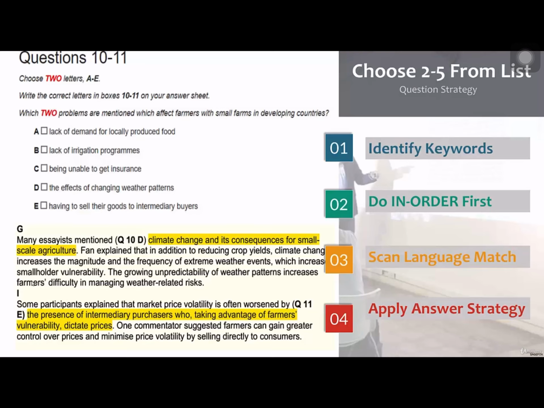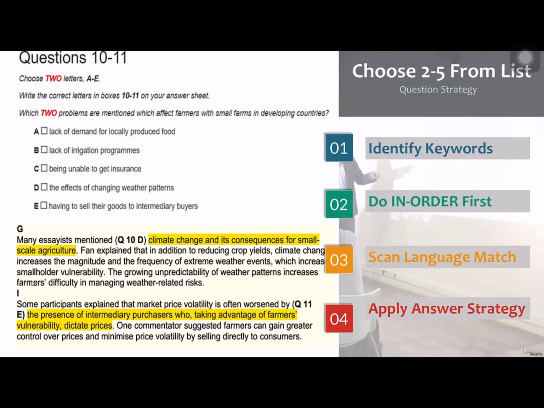And then in paragraph I, we found some participants explain that market price volatility is often worsened by the presence of intermediary purchasers who, taking advantage of farmers' vulnerability, dictate prices. Right? That word is volatility. So here we see that's a match for E, having to sell their goods to intermediary buyers.